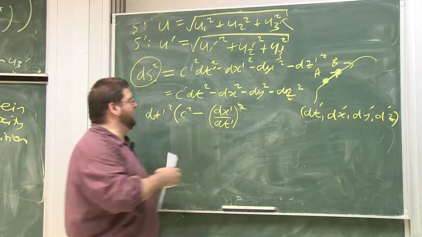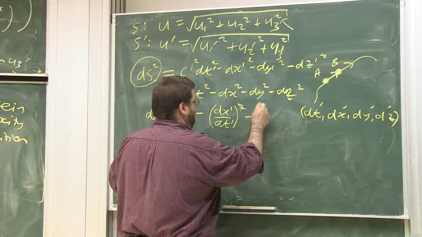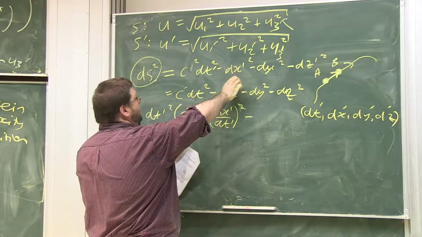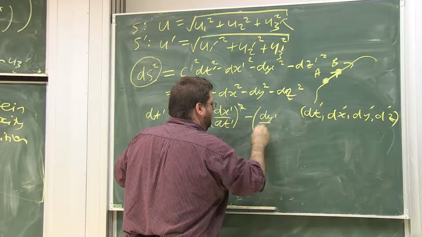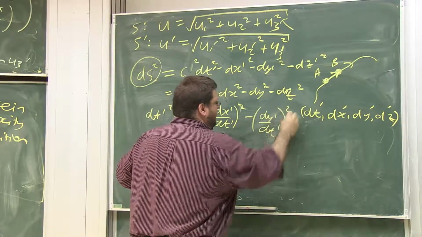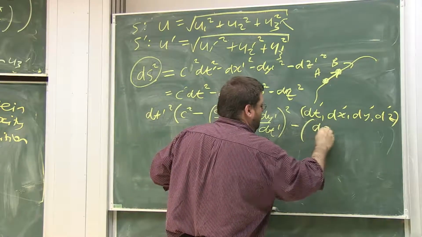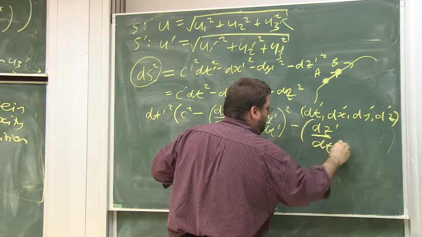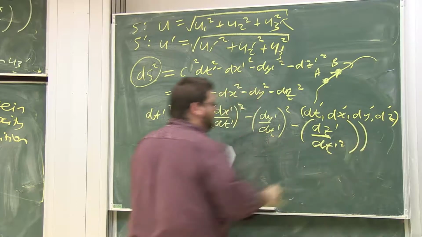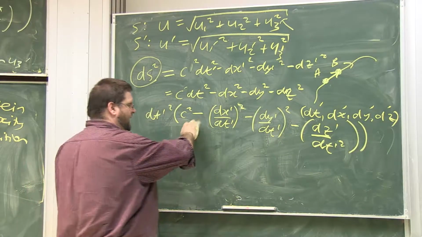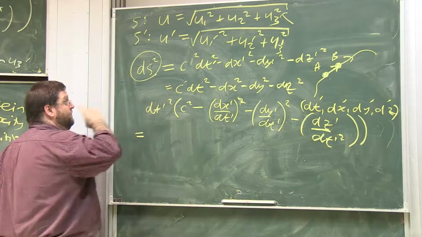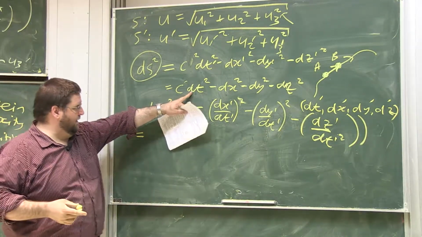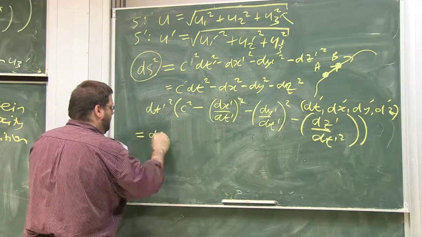This will then become a derivative. Similarly for the other terms, dy prime over dt prime squared, etc. And already the physicist is happy because they're seeing a negative speed squared appearing here. And they're on a roll, so they're going to factor out a dt squared from the right-hand side.